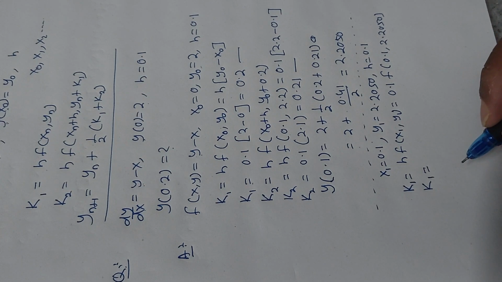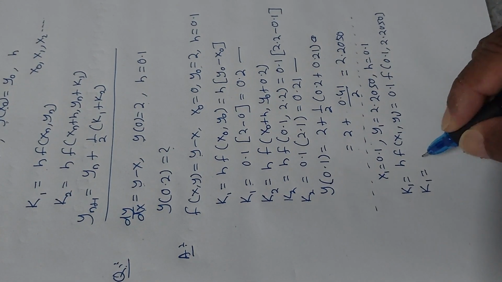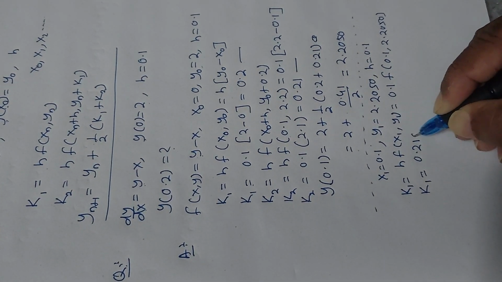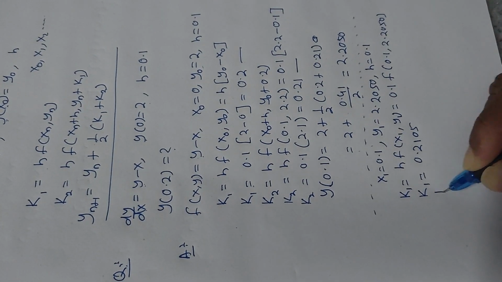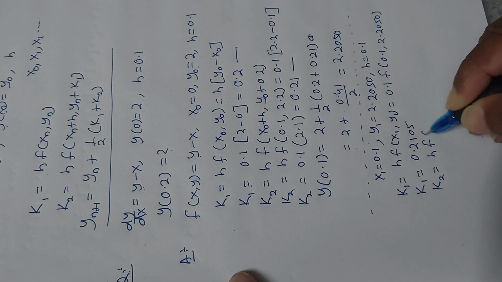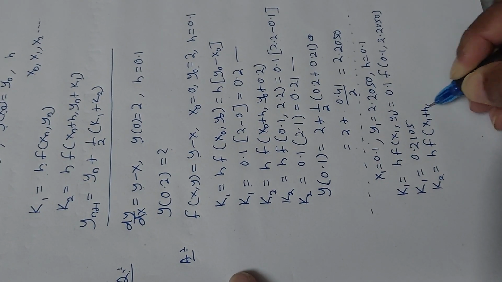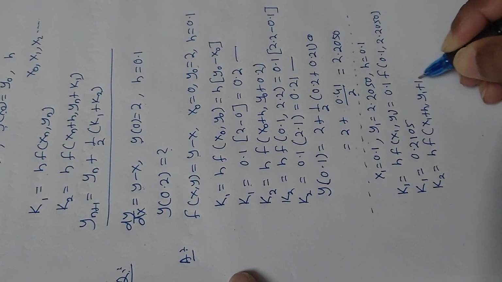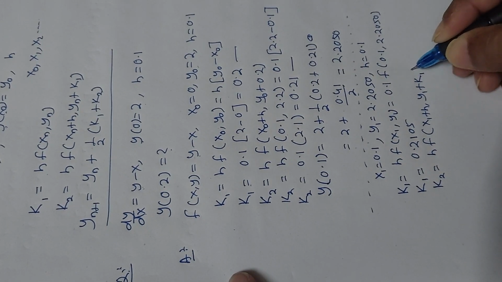Let me write the value directly: the value of k1 is 0.2105.